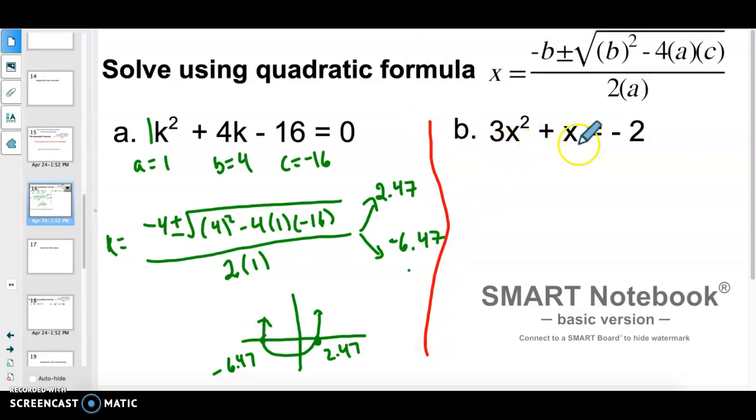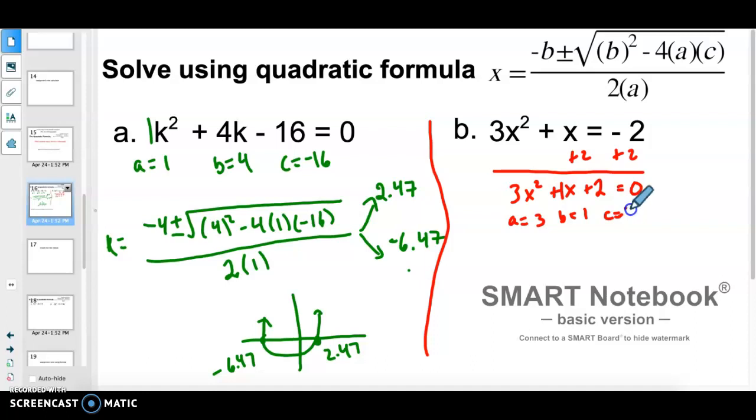On this equation, notice it's not equal to 0, so we do need to move this value to the other side. Since it's a negative 2, we're going to do plus 2. Now we've got 3x squared plus x plus 2. You want to keep it in the order of x squared, x, and then the constant. This time our a is 3, our b is 1, because there's that invisible 1 here, and then our c is 2.